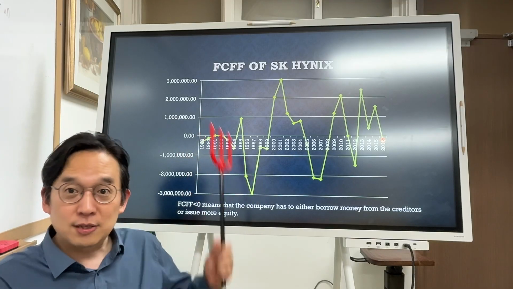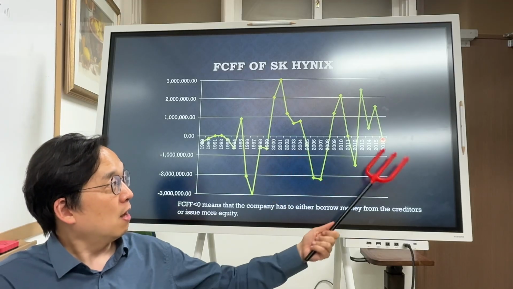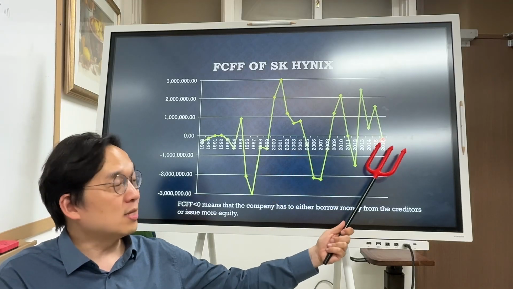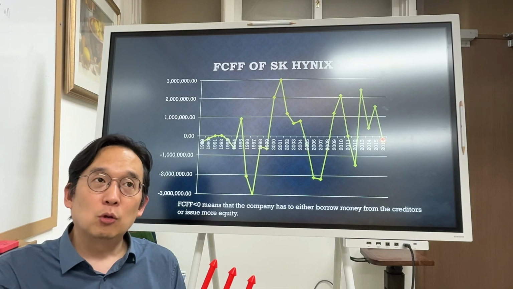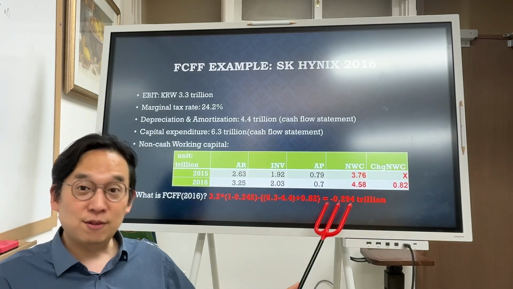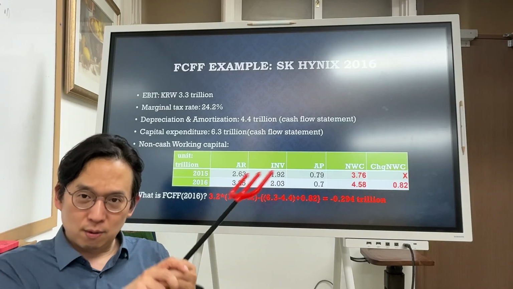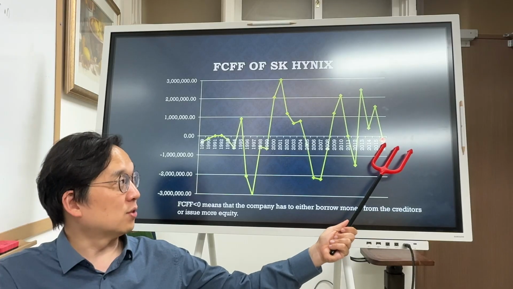Very volatile, fluctuating like crazy, right? You can see that. And the recent number was slightly negative, minus 0.29 trillion, almost minus 0.3 trillion Korean won, which was below this axis over here.